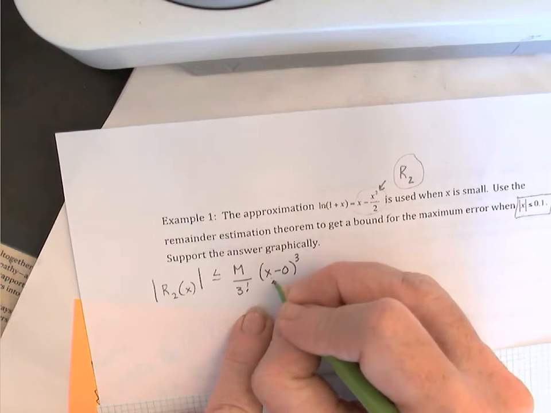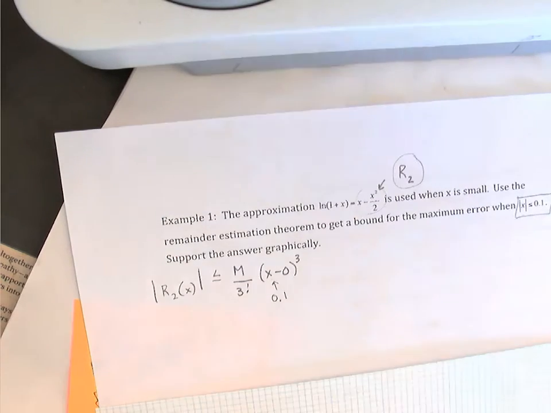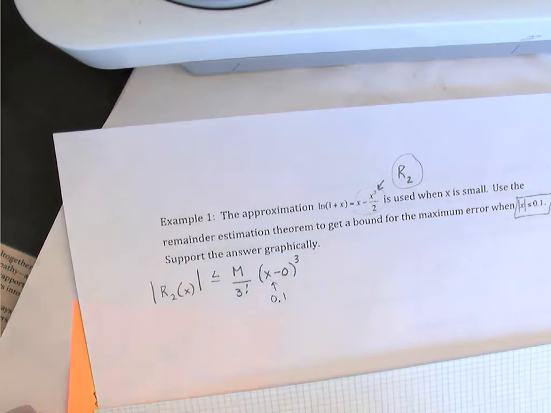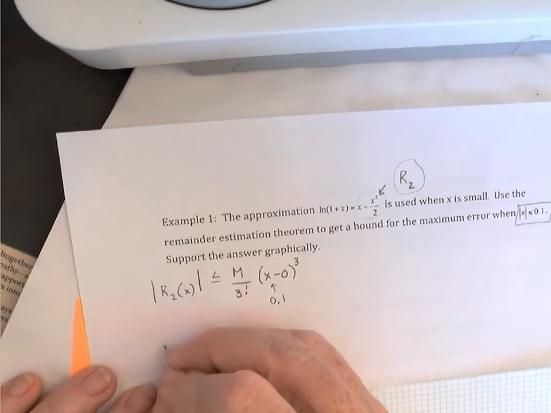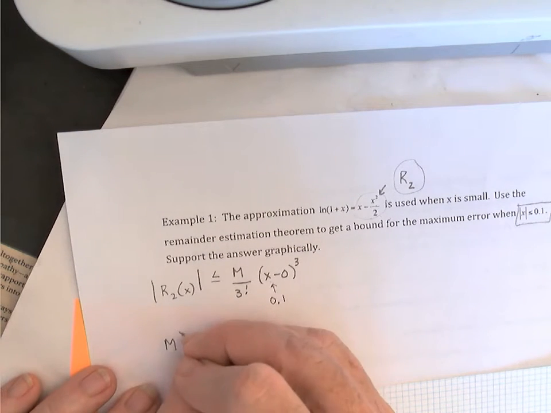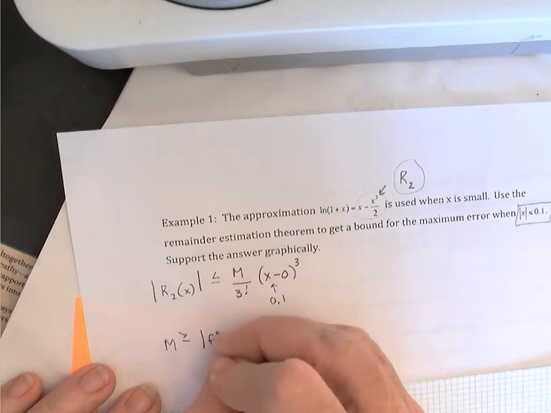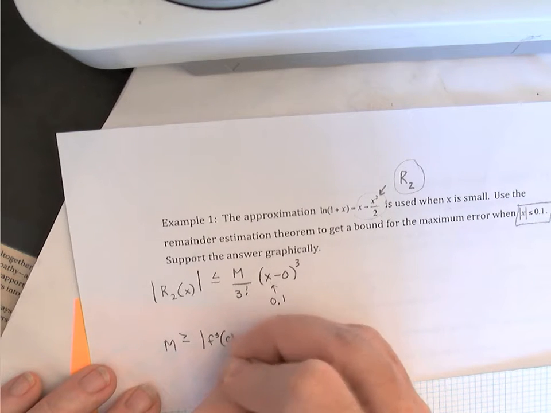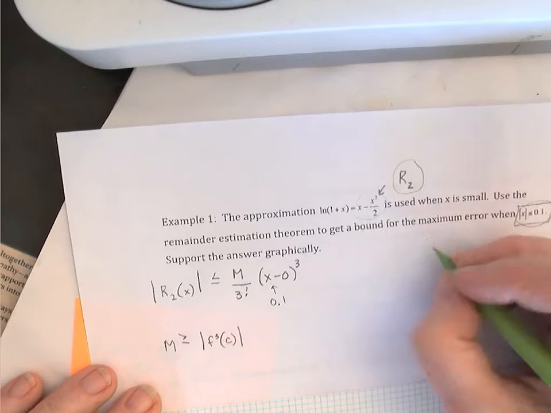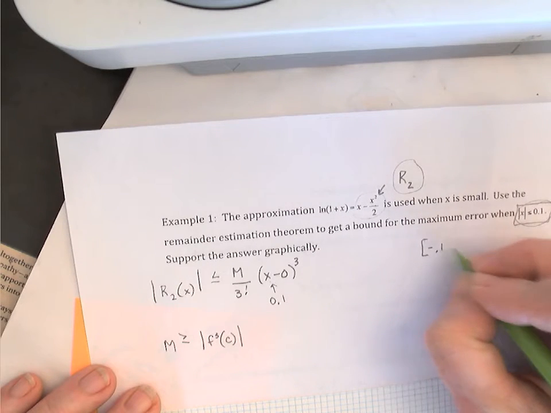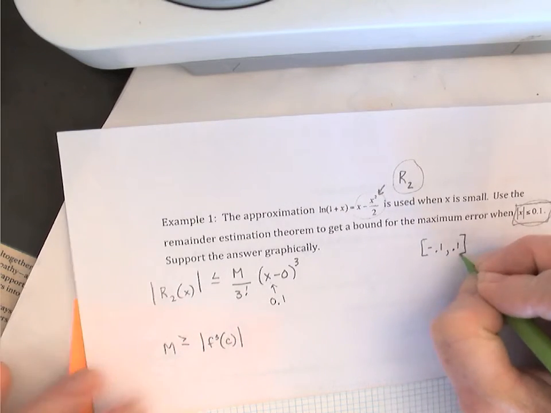So here, I'm going to plug in 0.1 for x. And m, if you remember what we know about m, is that m has got to be greater than or equal to our third derivative at some value in this interval between -1 and 0.1.